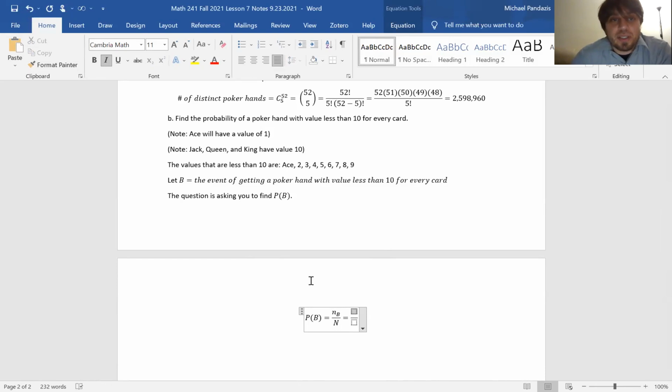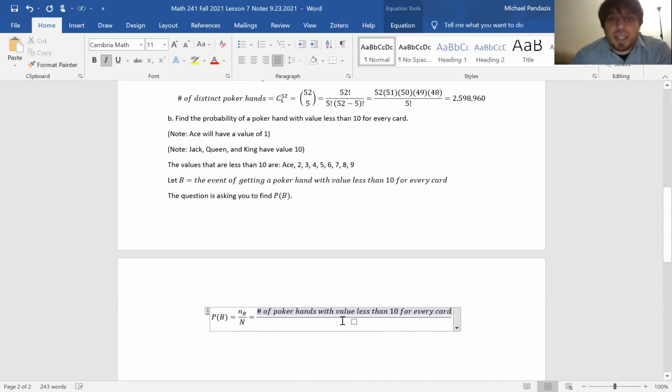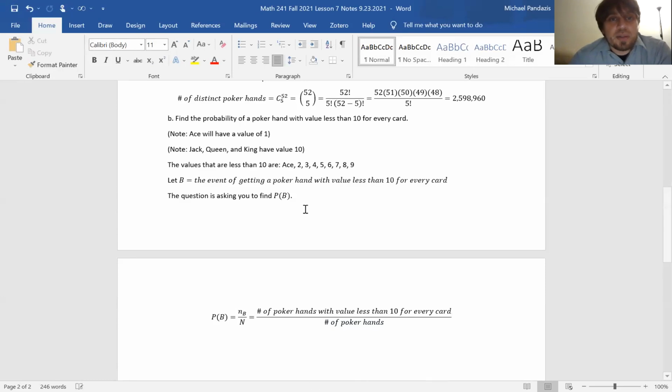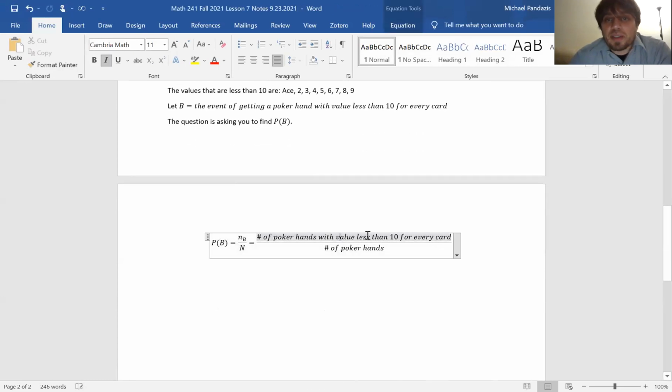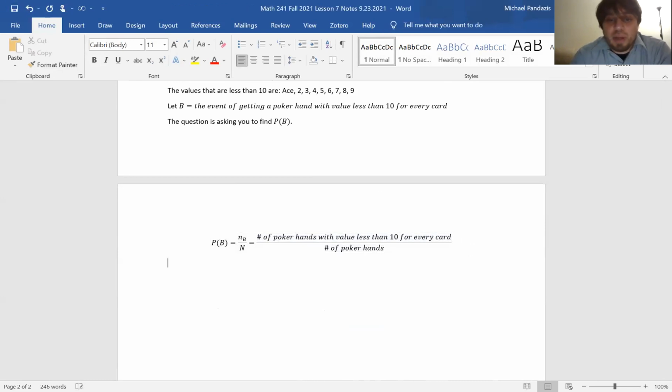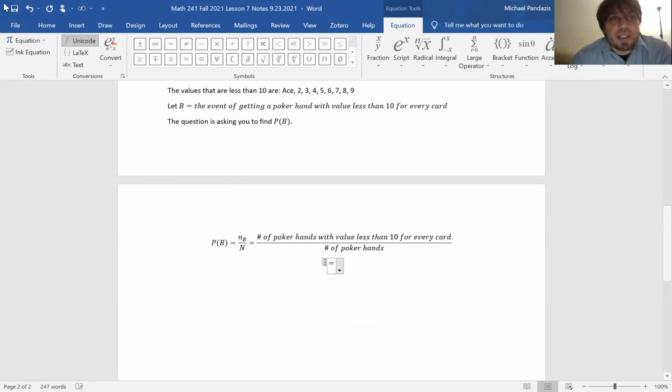For this particular experiment, n sub B is the number of poker hands with value less than 10 for every card, and capital N is just the number of poker hands. So we want the number of poker hands with value less than 10 for every card divided by the number of poker hands. That's the probability that when you get a poker hand, every card has value less than 10.